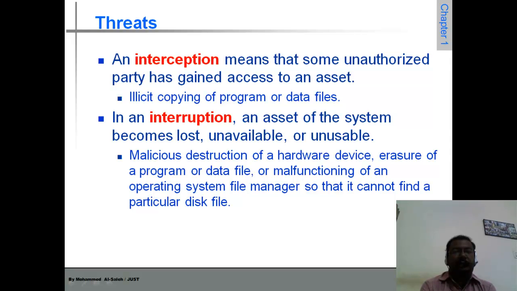So malicious destruction of a hardware device, or erasure of a program or a data file, or malfunctioning of an operating system or file manager so that it cannot find a particular disk file. All these things are kinds of interruption to a computing system.